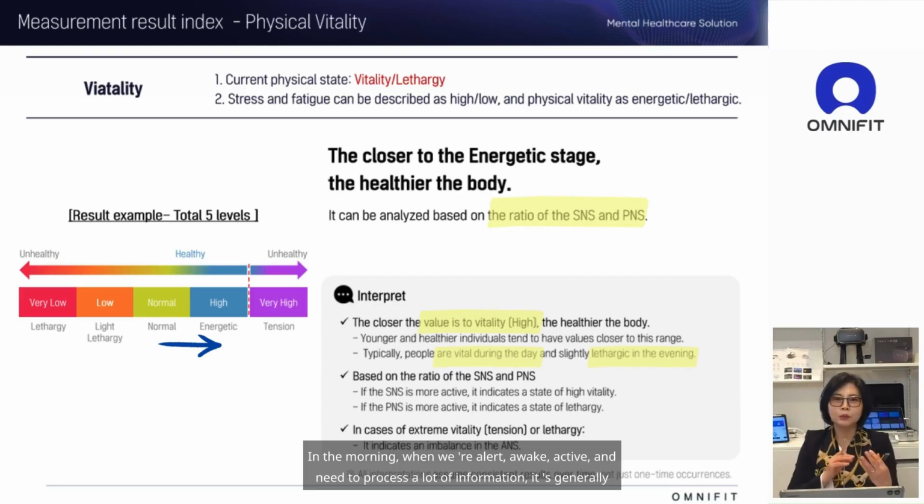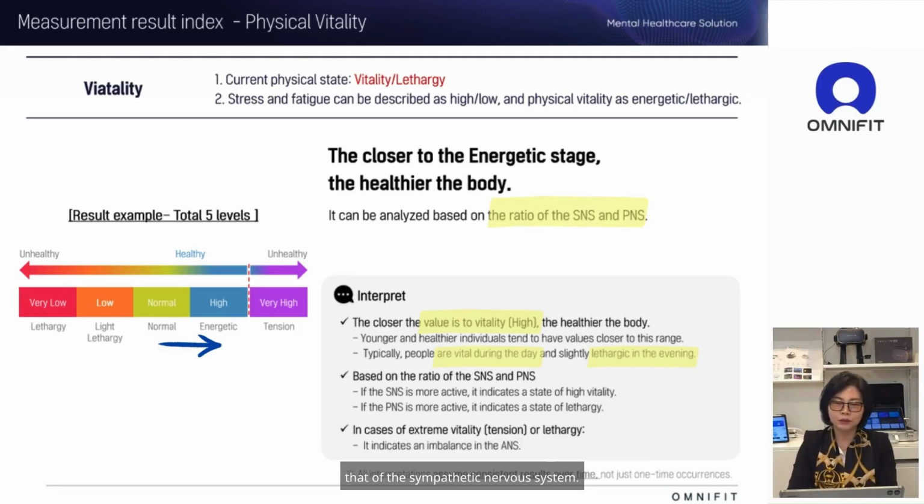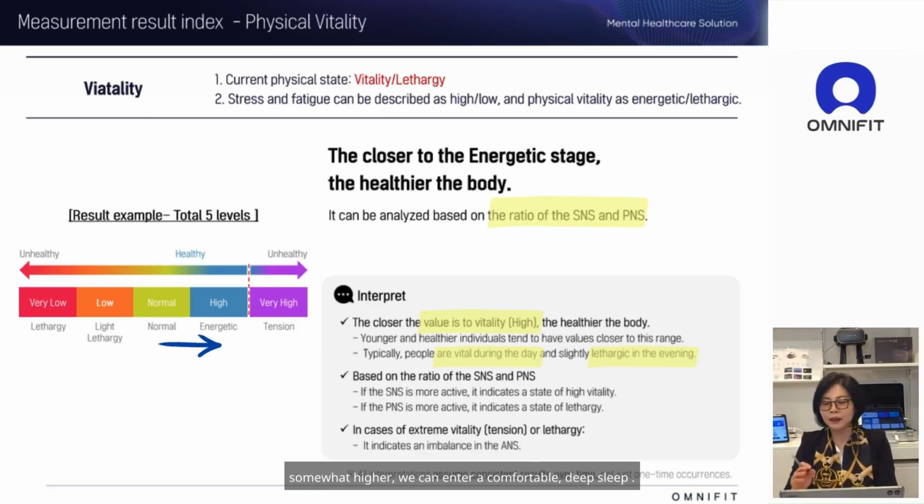In the morning, when we're alert, awake, active, and need to process a lot of information, it's generally better for the sympathetic nervous system to be more active than the parasympathetic nervous system. And in the afternoon, the activity of the parasympathetic nervous system tends to become a bit higher than that of the sympathetic nervous system. That's generally the case, and in the evening, when the activity of the parasympathetic nervous system is somewhat higher, we can enter a comfortable, deep sleep.